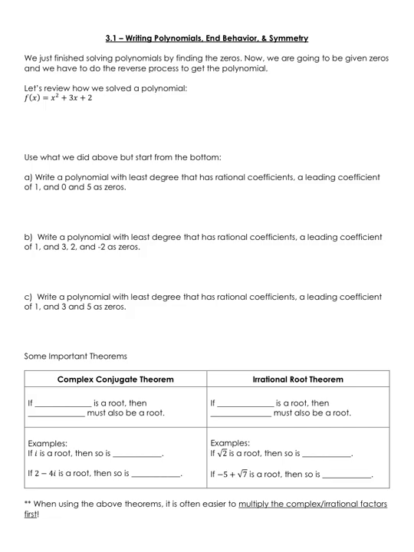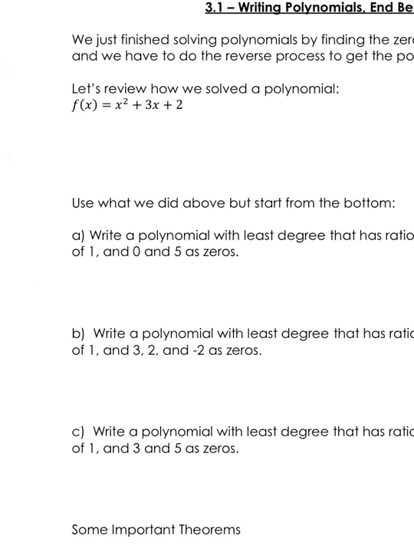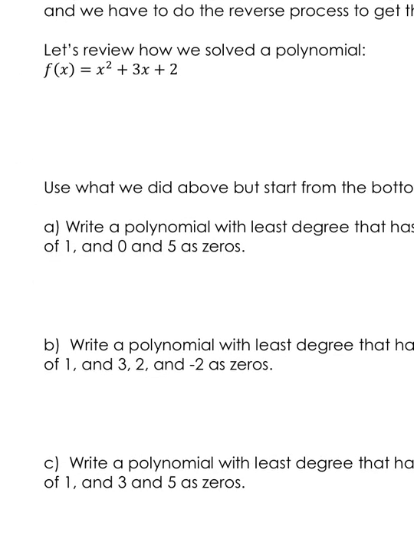So just to recap, we want to review how we solved a polynomial. So we've got x squared plus 3x plus 2. Now this is something that I would use x factor on. So I'm looking for numbers that multiply to make 2, add to make 3, and those numbers would be 1 and 2. So when I factor this, this is x plus 1 times x plus 2. So this would be the factored form.